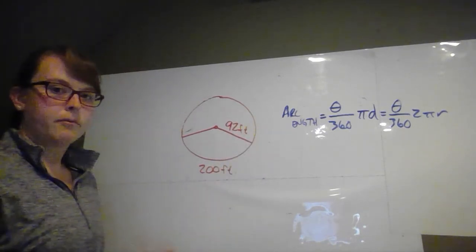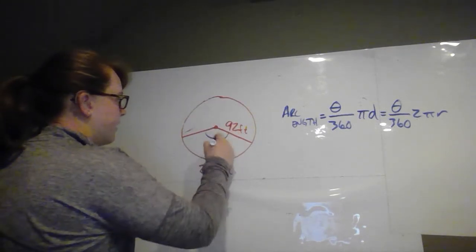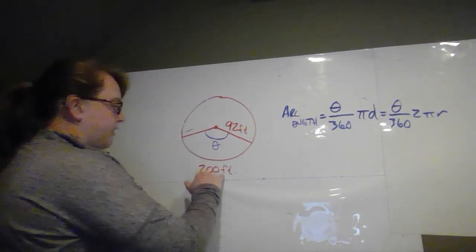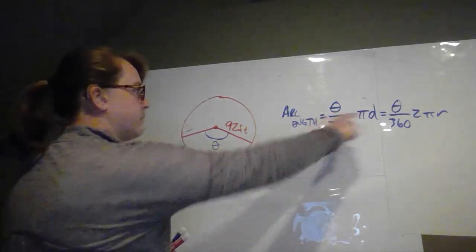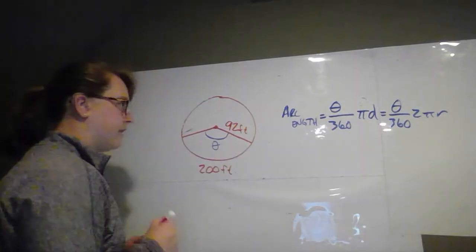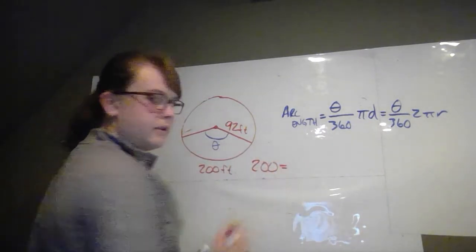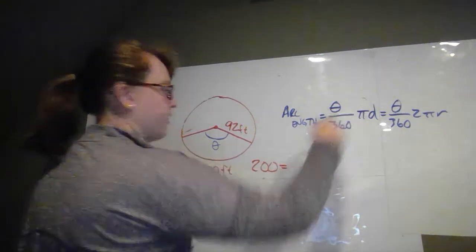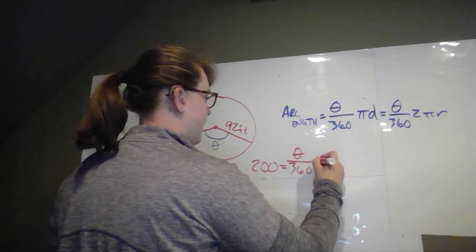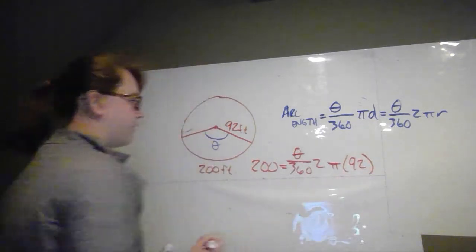From here, I would want to find my one missing piece of information, which is the angle. I know this is my arc length, so that's what's going to be equal to my equations over here. And then I'm going to use one with radius in it because this is a radius. So we're going to go 200 equals theta over 360 times 2 times pi times 92, since that's my radius.